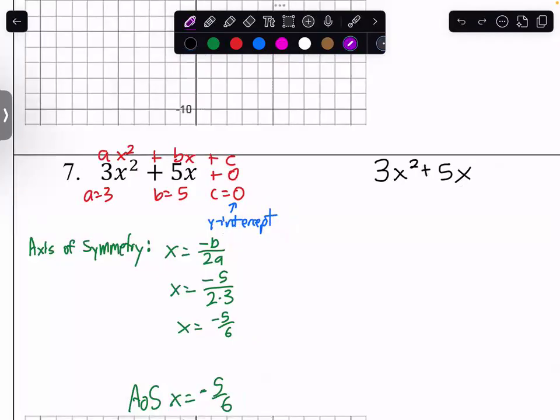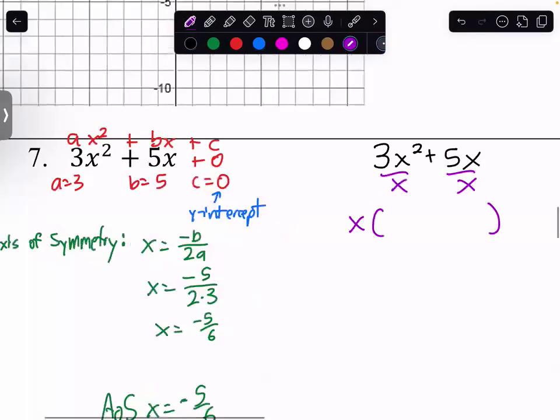So we are allowed to factor out the GCF of x. Remember, the x doesn't vanish, it doesn't disappear, it just moves in front. Then 3x squared divided by x would be 3x now, and plus 5x divided by x, the x's go away, you just have the plus 5.